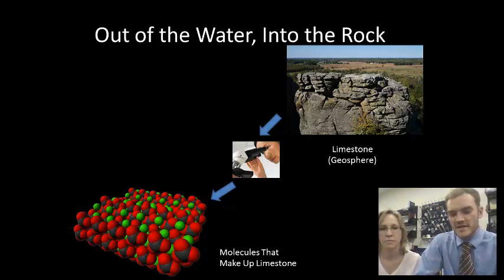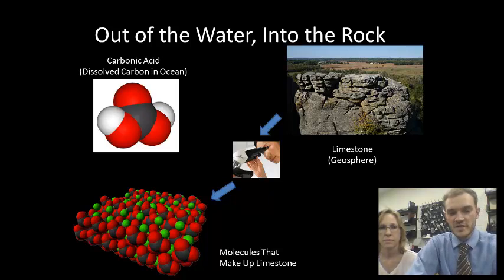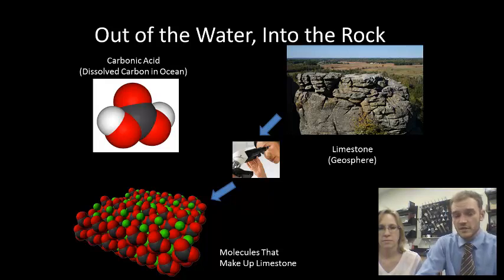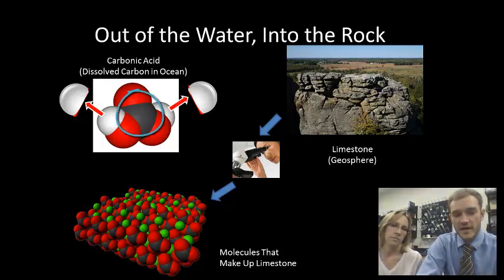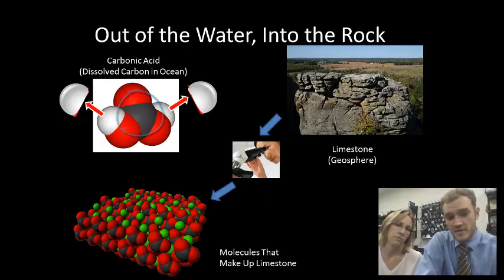So we're going to take a step back and look at the molecule carbonic acid. Remember, this is what carbon is like when it is dissolved into the ocean, when it's in the water. And if we popped off these two hydrogens that are around it, what we have is a black carbon atom in the middle and 3 oxygen atoms around it.